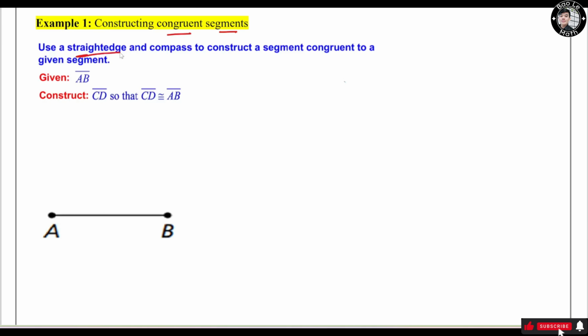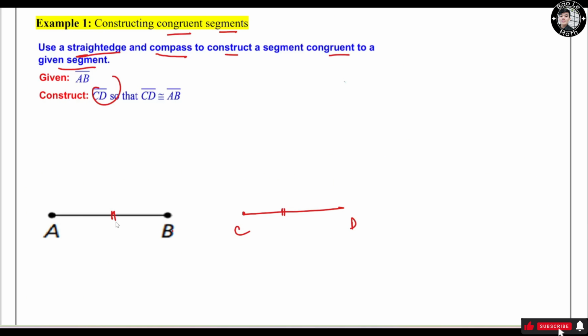Use a straight edge and a compass to construct a segment congruent to the given segment. So given segment AB right here, we need to construct the new segment CD, right? Such that CD right here congruent to AB, right?